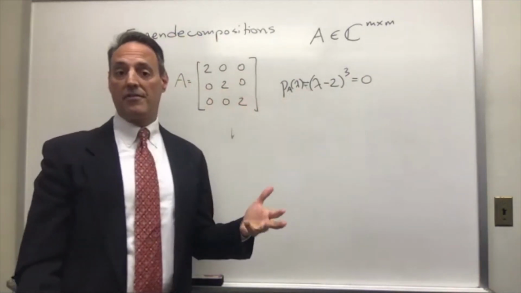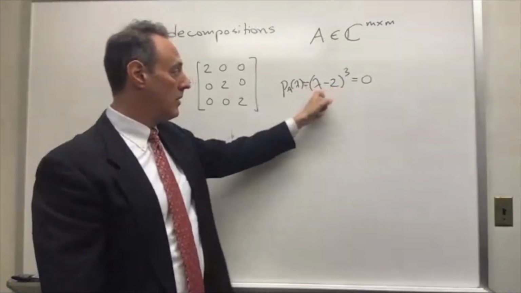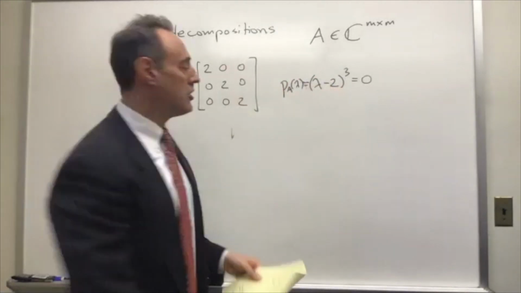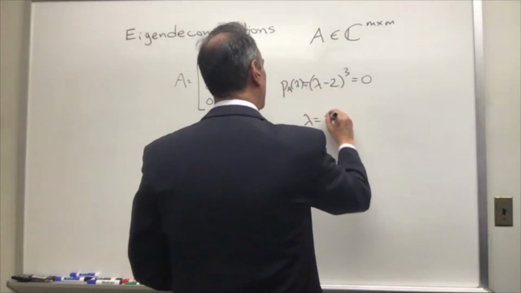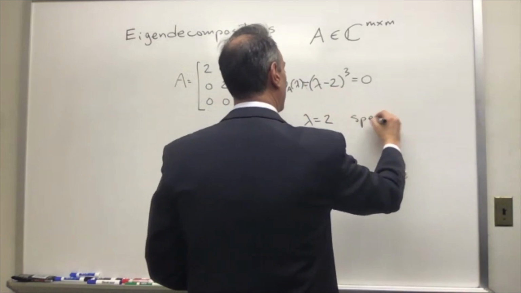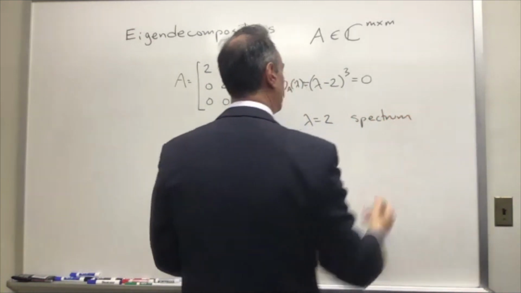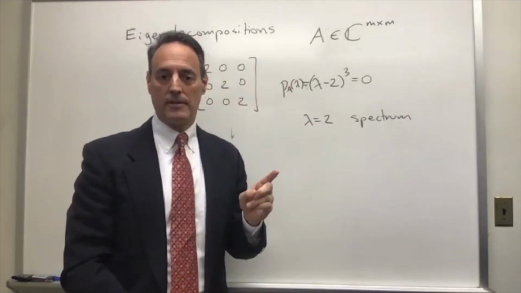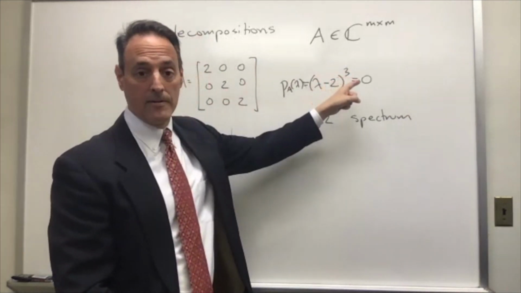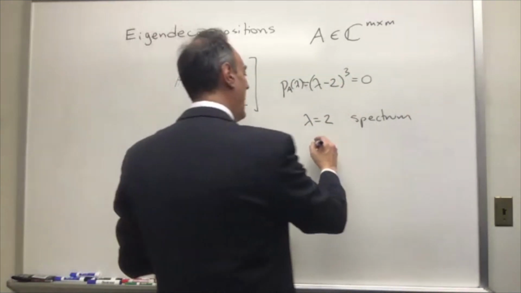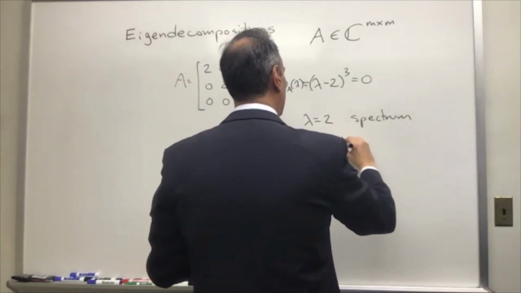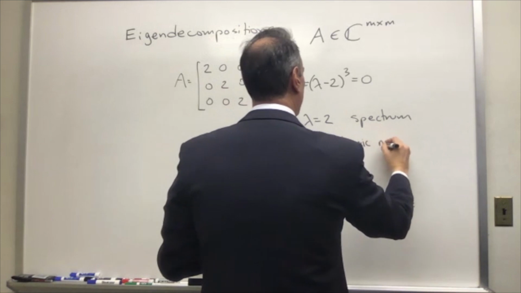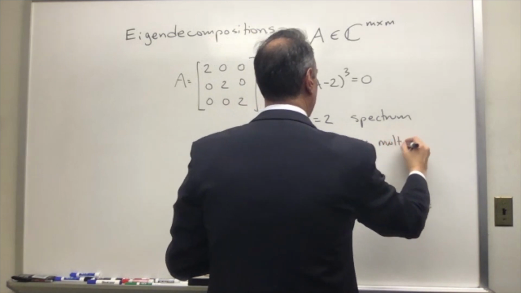So notice what you have here. When is this 0? When lambda is 2. So lambda equals 2 is your spectrum. But notice it's a triple root, because that's to the third power. So this has algebraic multiplicity 3.